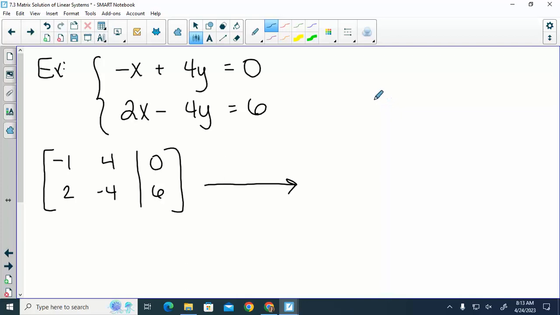What do we need first? We need that to be a 1. How could I get that to be a positive 1? So I'm changing row 1, so row 1 equals, and you said just multiply it by a negative 1.